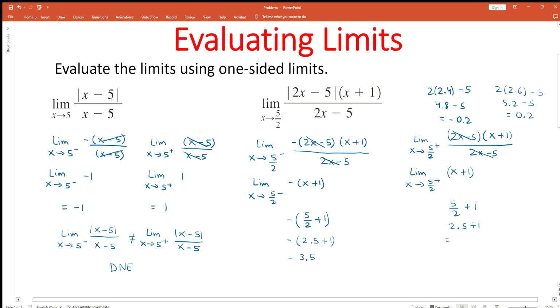I get positive 3.5. So we can see that the left-hand limit is not equal to the right-hand limit. Therefore, we can conclude that this limit does not exist. This should be the final answer for the second limit.